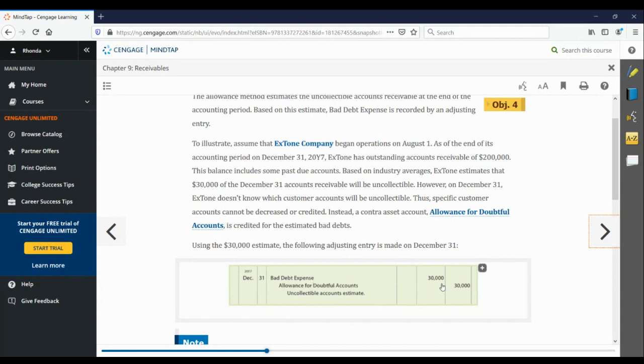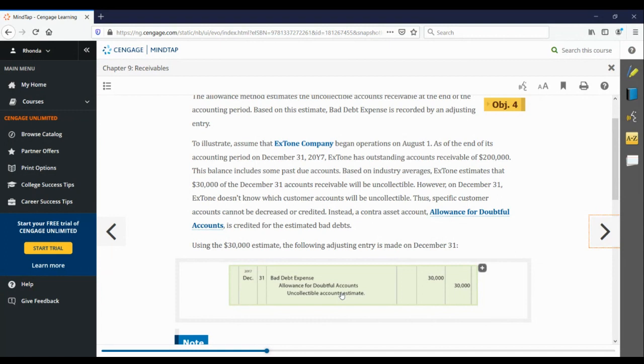Expenses are going up, so we're debiting these expense accounts, and we're crediting a brand new account that they introduce in this chapter called the Allowance for Doubtful Accounts. Now, I want to emphasize to you what the Allowance for Doubtful Accounts is so you'll understand how it is reported in our financial statements.